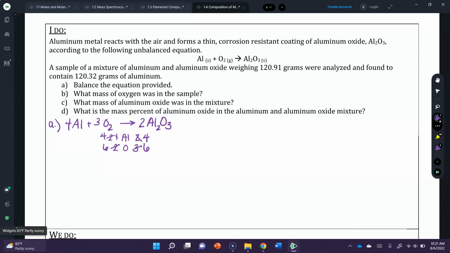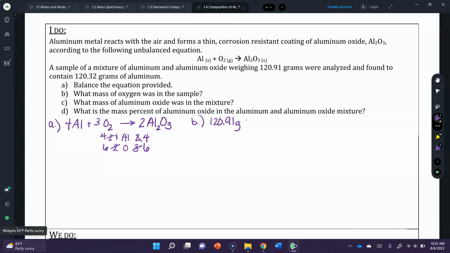Okay, so now we're going to look at B. What mass of oxygen was in the sample? So I know that my combined mass of aluminum and aluminum oxide had a mass of 120.91 grams. Okay, so the total mass of everything was 120.91 grams.